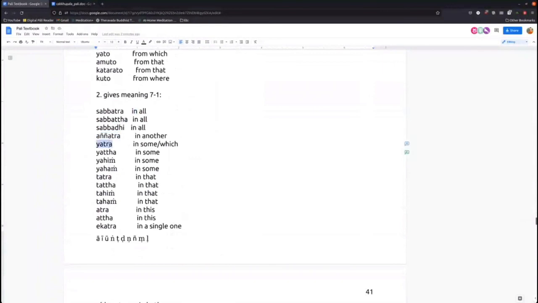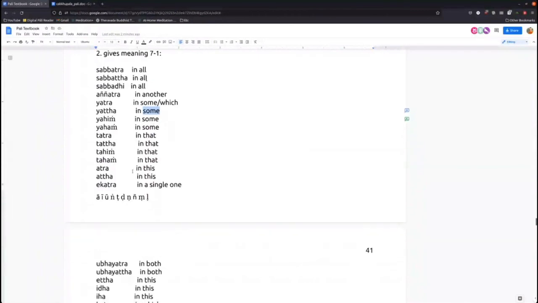Yatra: the 'in' doesn't mean in some, it means in what. In what, but not a question. Like in which place. This would be used in the relative correlative of yatra, tatra.